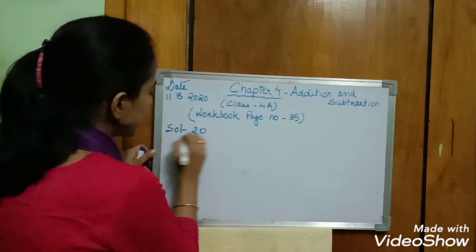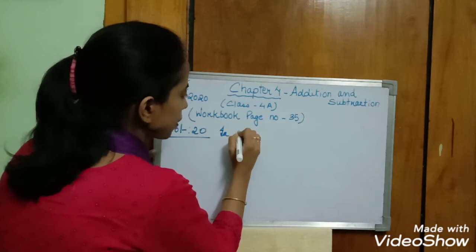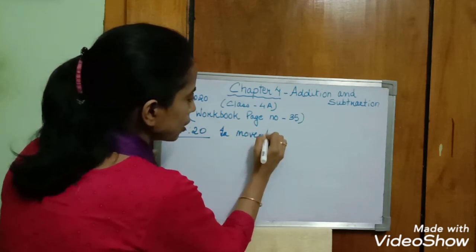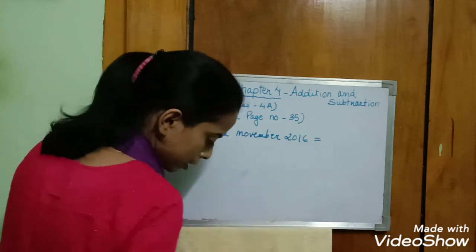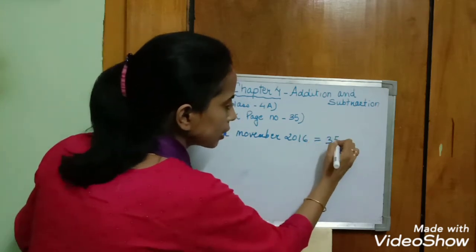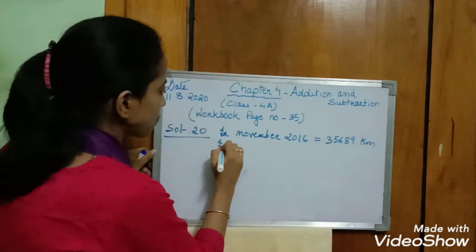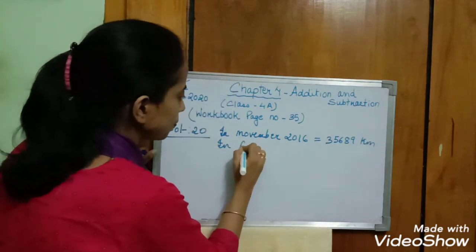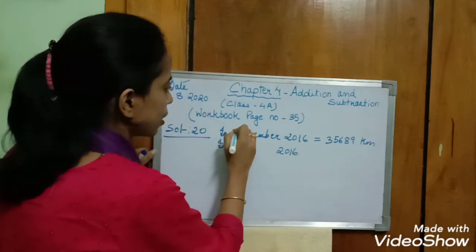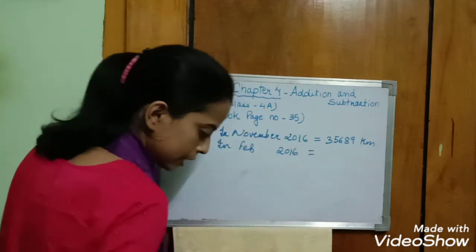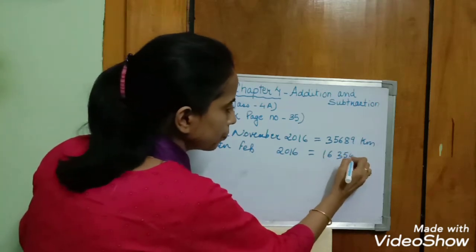Okay, solution number 20. In November 2016, it showed how much? 35,689 km. And in February 2016, it showed how much? 16,354 km.